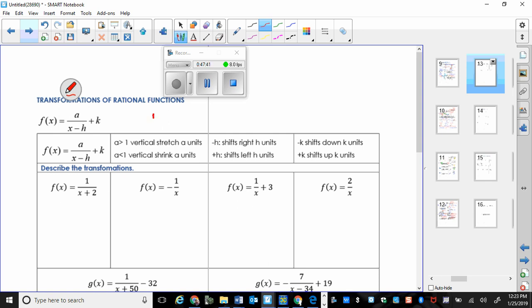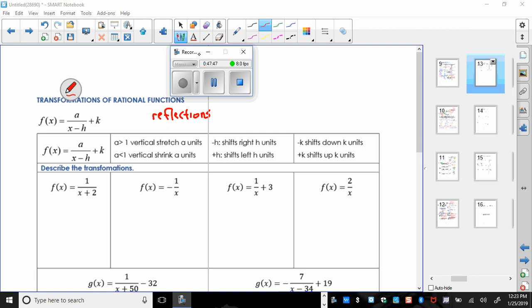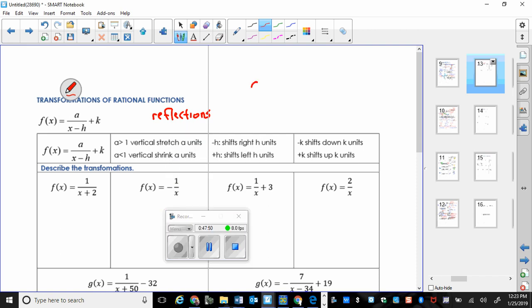One of the things that's not included is reflections. Reflections, all right? So let's say I have my function.